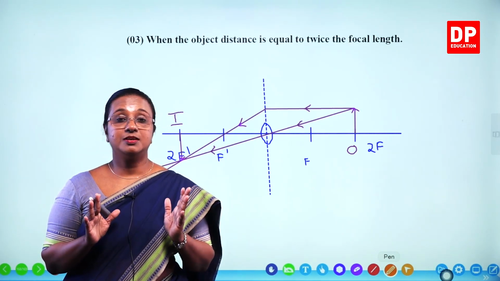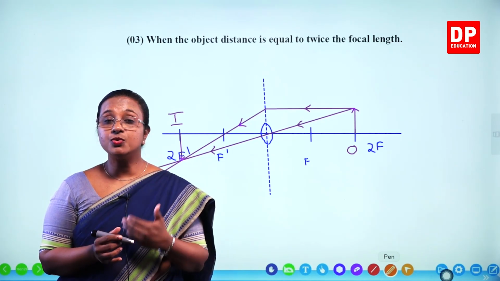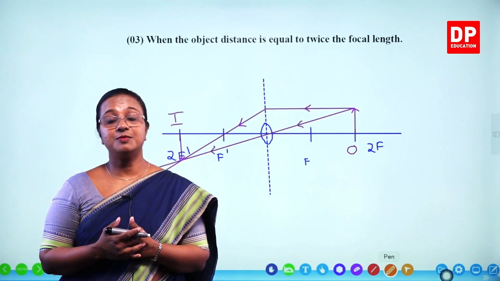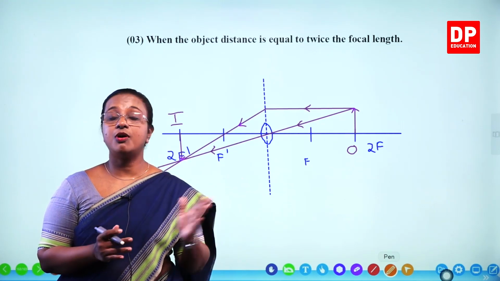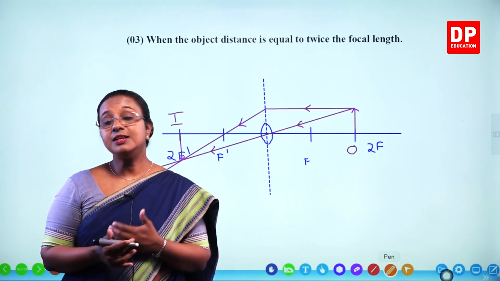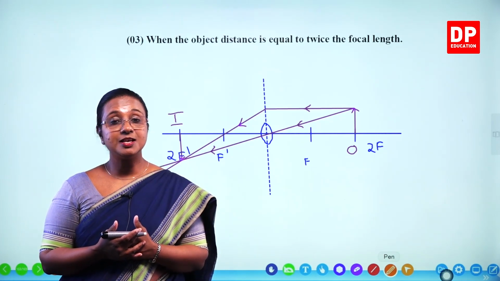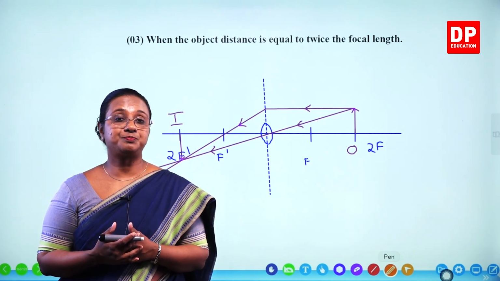So I am sure with all this practice and after drawing so many ray diagrams, you will be very clear as to how to draw a ray diagram, and you have understood all the different types of images formed by the mirrors as well as the lenses.